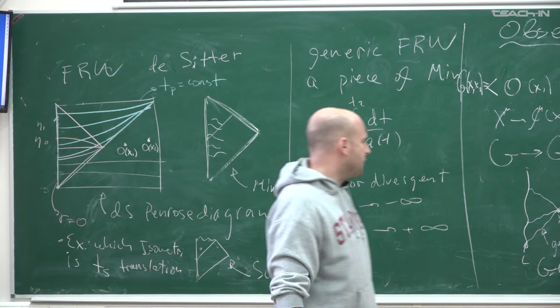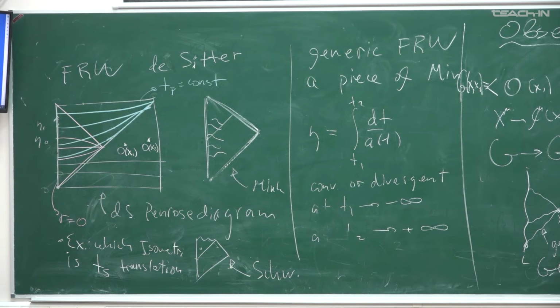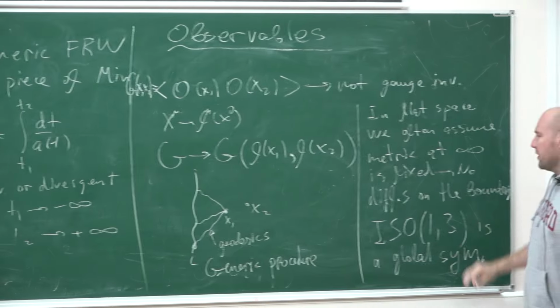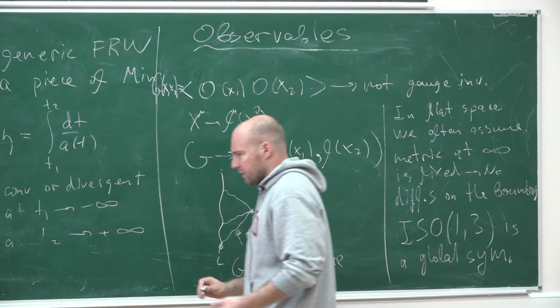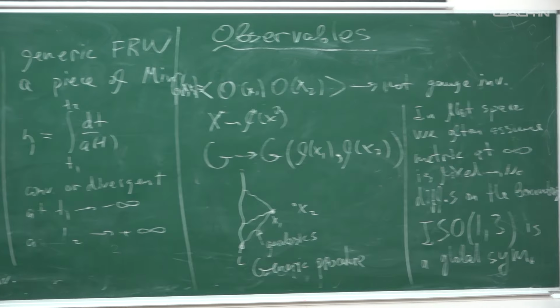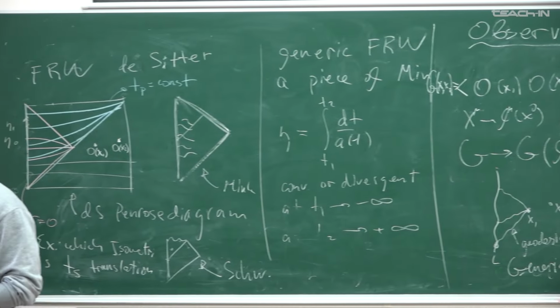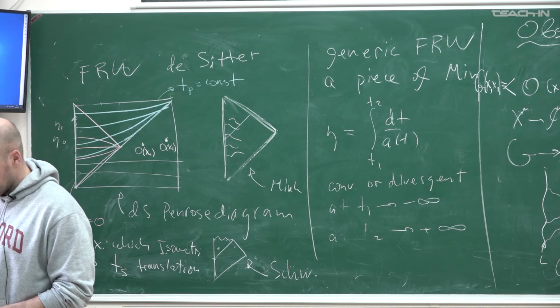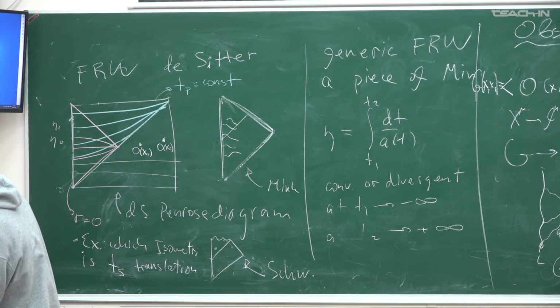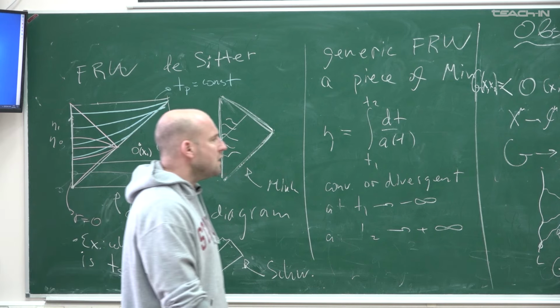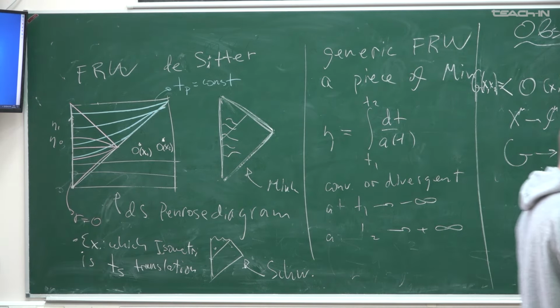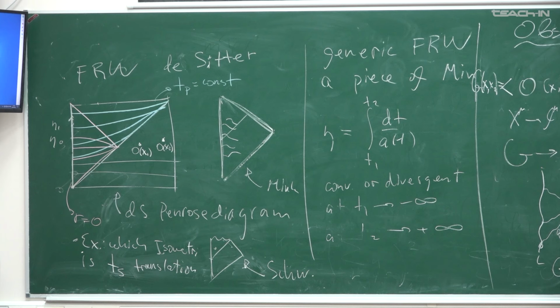And so it stays well defined what the global symmetry of Minkowski space is when we have diffeomorphisms. And this is related to the fact, it's not a coincidence that I'm talking simultaneously about symmetry groups and observables, because these are closely related notions.